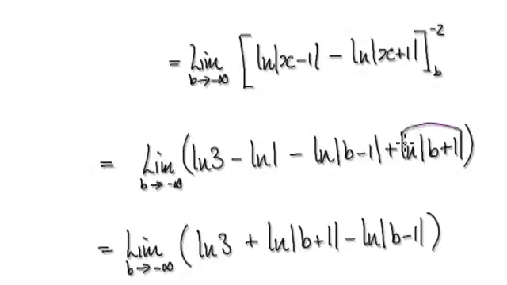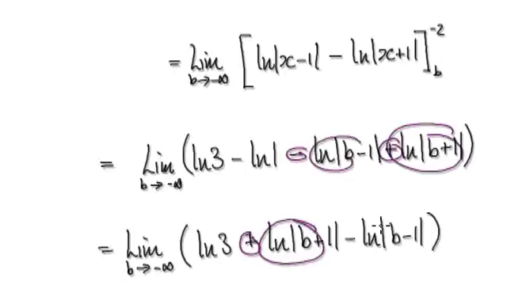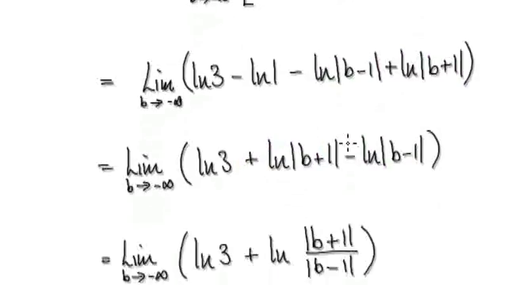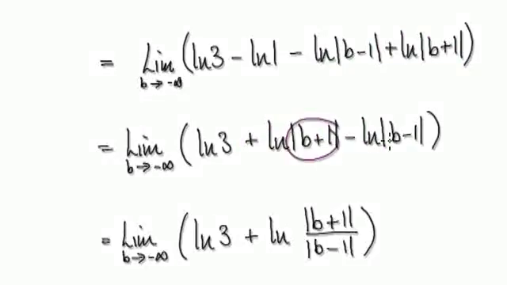And then just switch these two around. So put this in front, so this is a positive, and then this is a negative. Basically switch these two around. The reason we want to switch them around is because we want to merge these two together. Merging these two together will give you this.